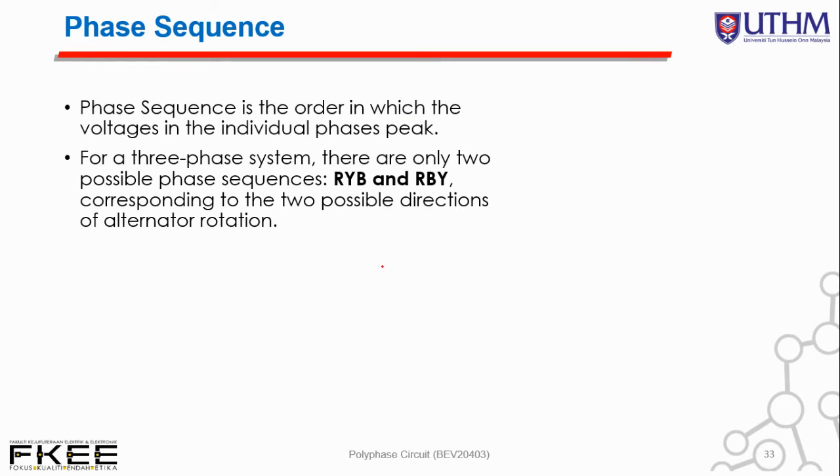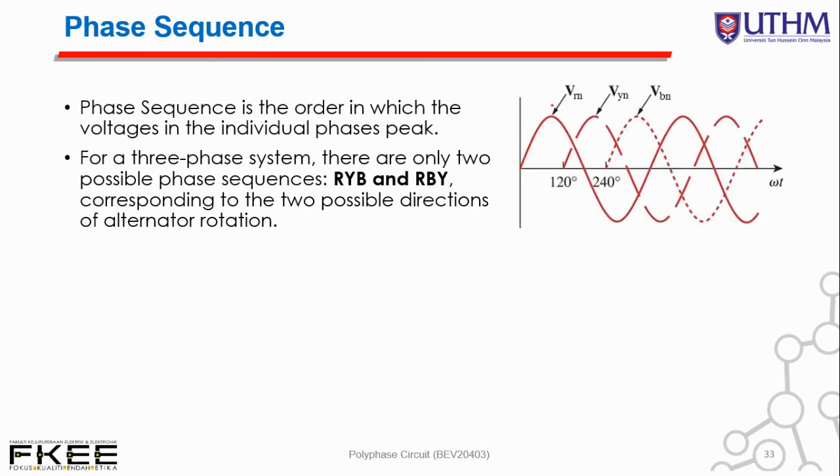Phase sequence is the order in which the voltage in the individual phases peak. So peak here at this point, at this point, at this point, for every individual phase, for Rn, Yn, and also Bn.